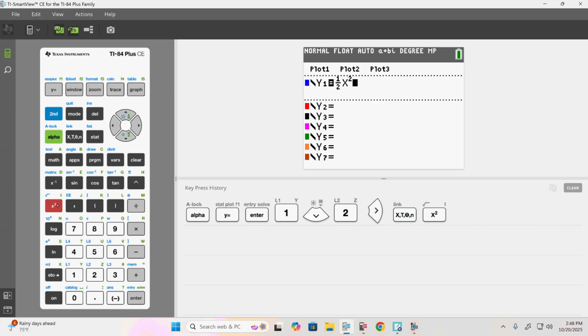So that gives us the fraction. Then it is minus 6x plus 20. Was everybody able to get the 1/2 x squared minus 6x plus 20 typed in?